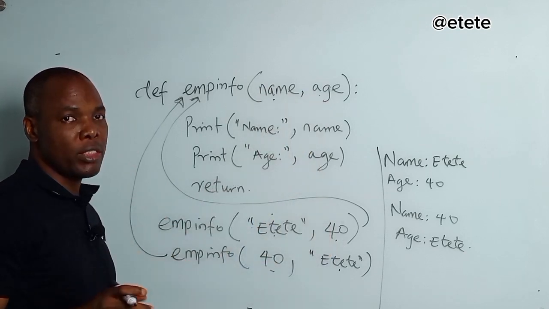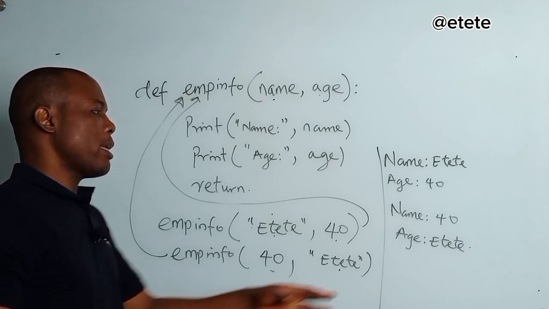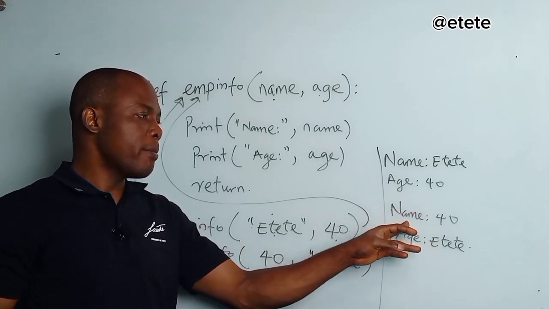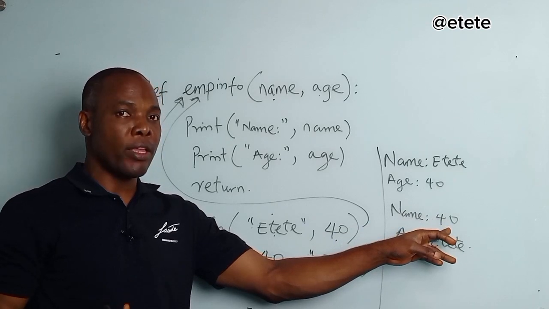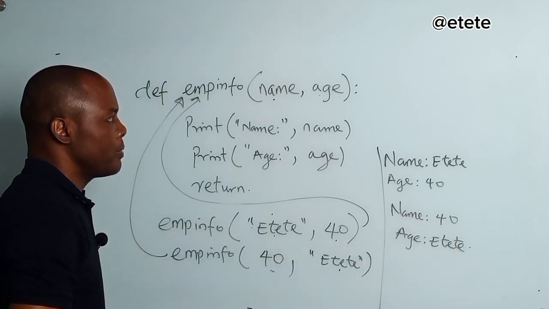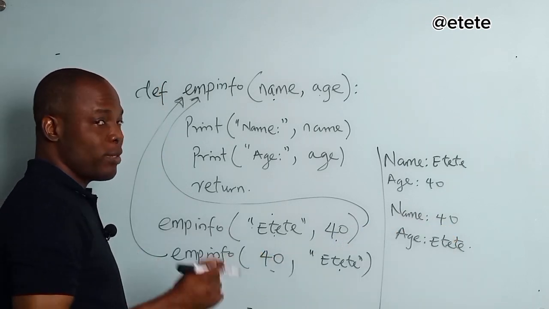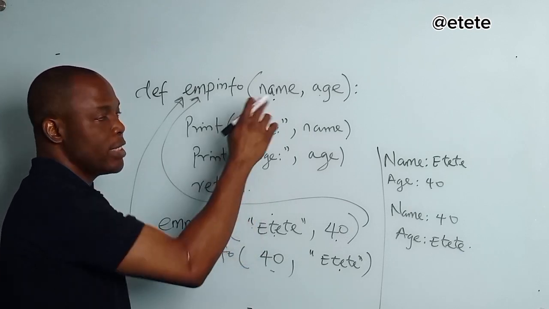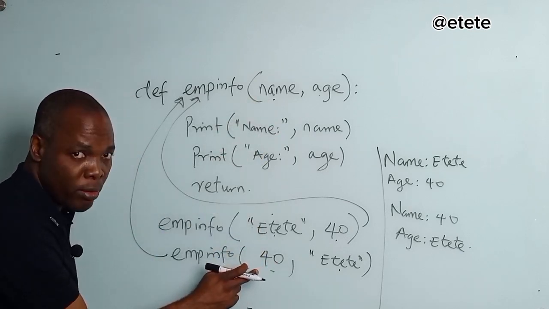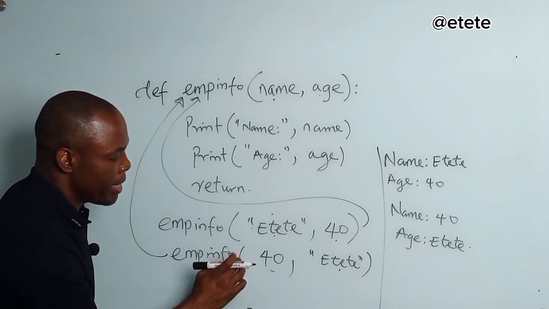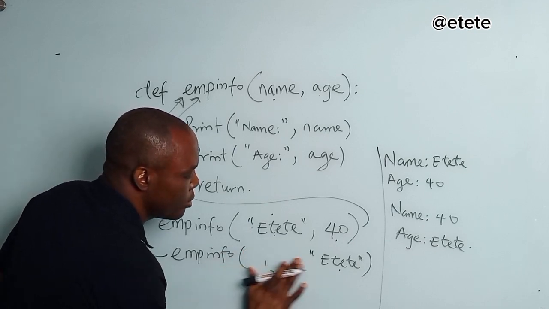So I'm going to demonstrate it on the PyCharm for you to see. Now, you can see that even this name is still going to print. It's not going to give you an error. Now, the keyword argument is if I am specifically saying that this should be assigned to this. Look, in this place now, for a keyword argument, I am now going to come here and do this.